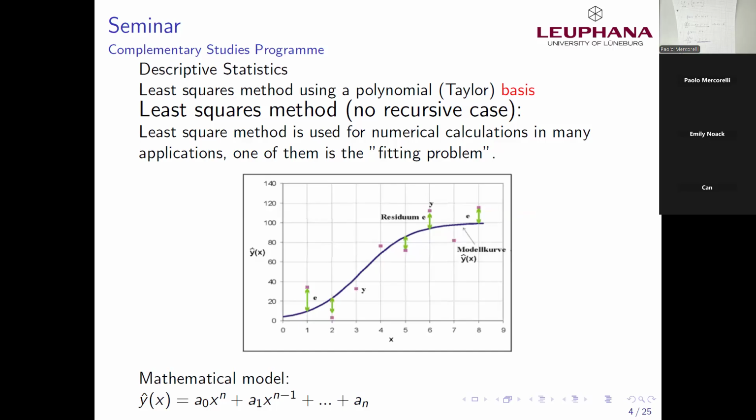This is a necessary condition. If the function is not convex, of course, we don't have one solution, or in the worst case, we don't have solutions, but we want to have a solution.